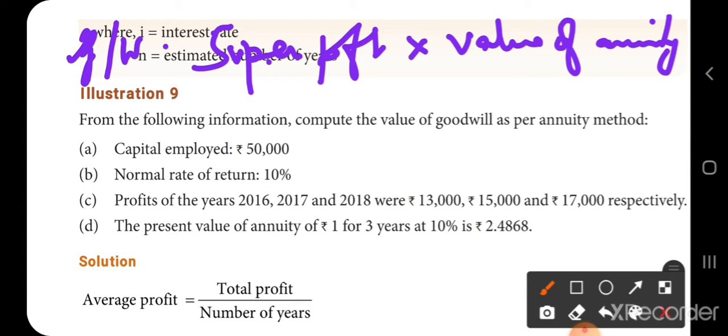Now, you know the value of annuity. It is given in the problem here. But you don't know what is super profit. You should find out what is super profit.